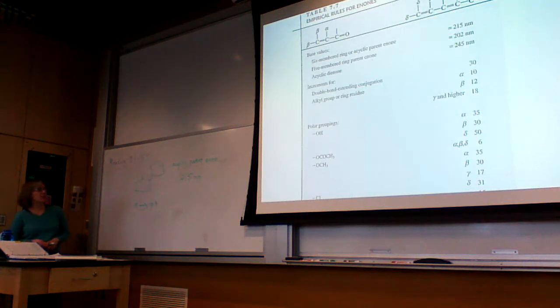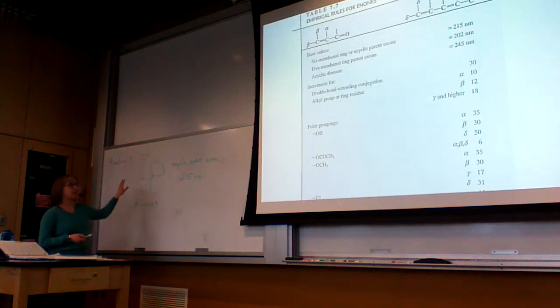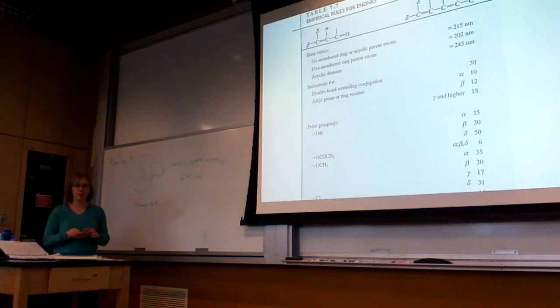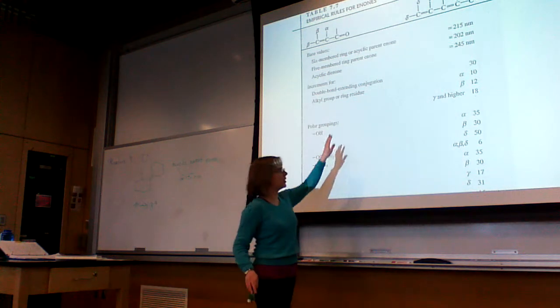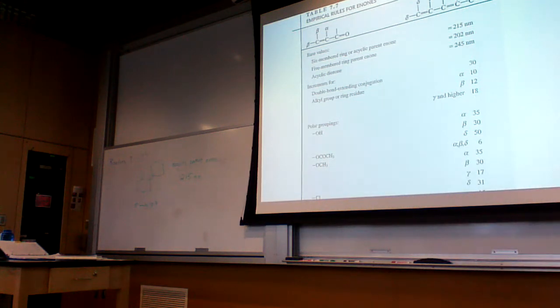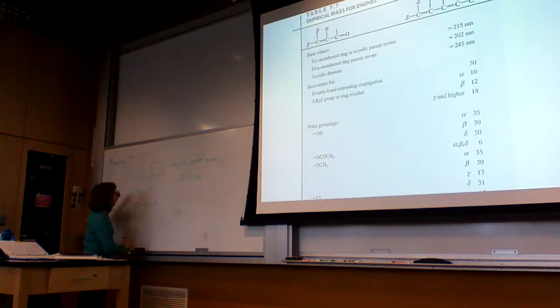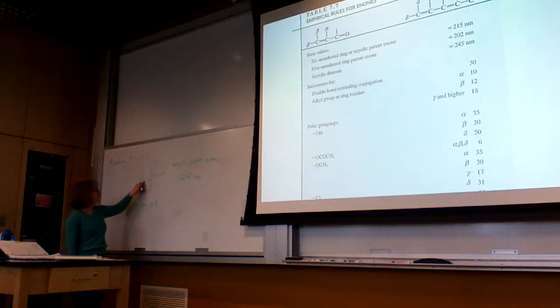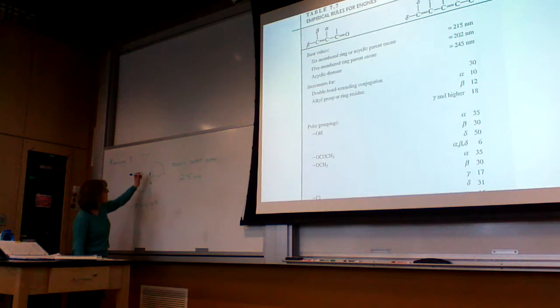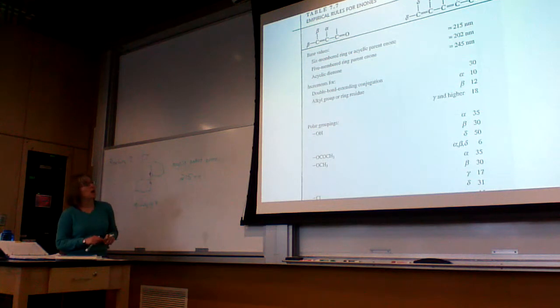The adjustments that we now have to make are going to be slightly different than the adjustments we make for a diene. The values vary, and it's also important to consider where things are attached to the ring. And if we're talking about carbonyls, this is our alpha position, this is our beta position, and if we had anything attached out here, that would be gamma. So for this, we have alkyl groups.